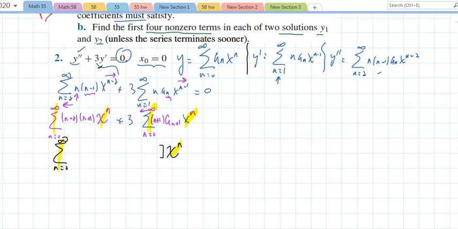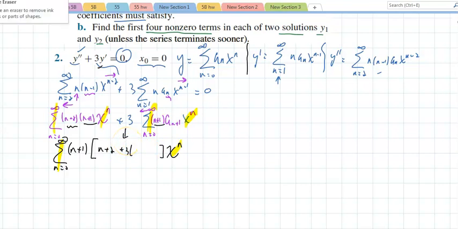Now I'm looking inside. I noticed that I could take n plus 1 out of both of those. Do you see that? That would leave me with n plus 2 plus 3 times, oh, I lost track. I left, oh boy, okay, I can fix that.